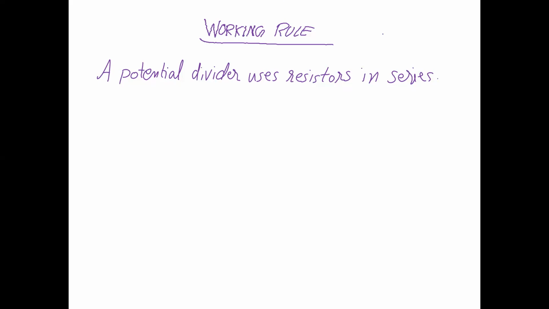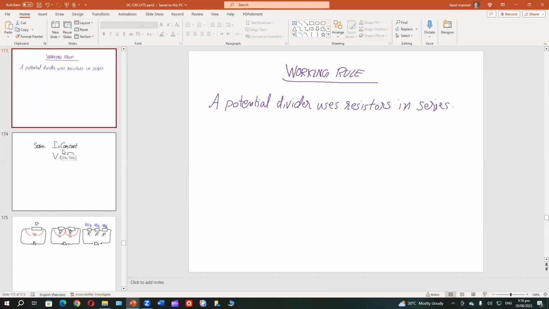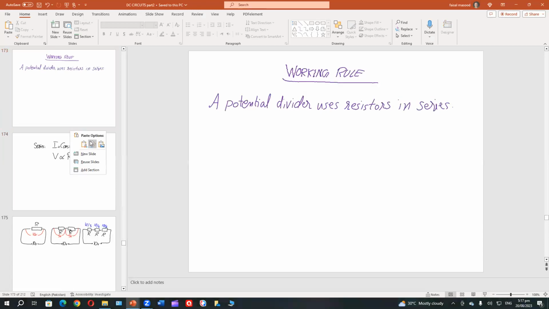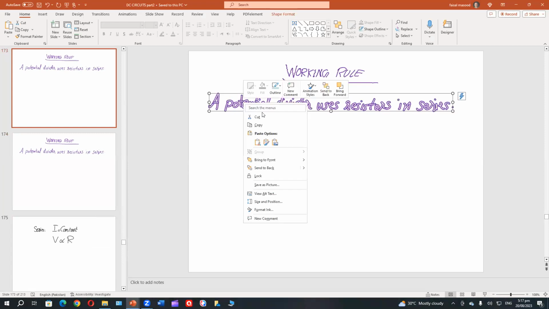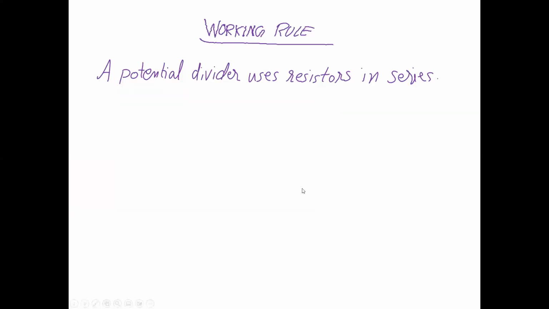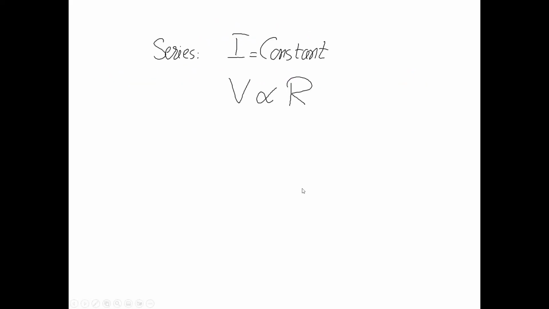This is the working principle of a potential divider. So what is the concept? A potential divider is actually a combination of resistors in series. It consists of resistors in series. And what happens in series? Current is constant and voltage and resistance are in proportion.